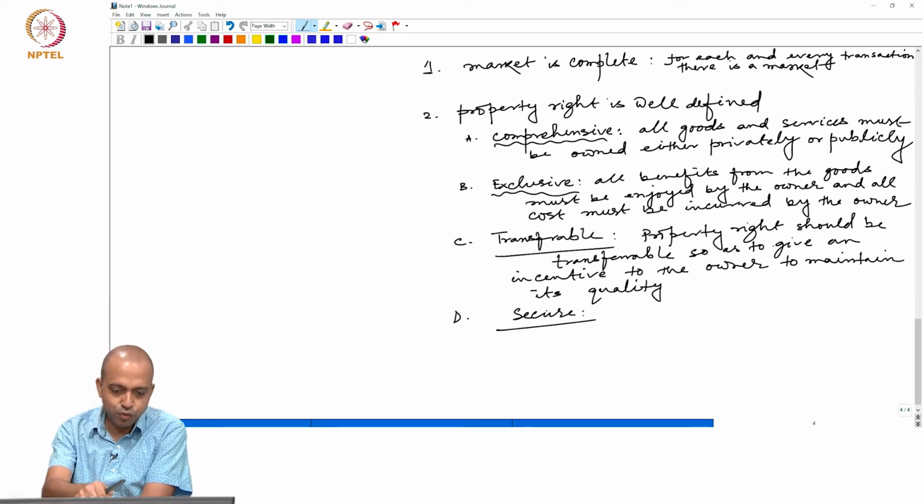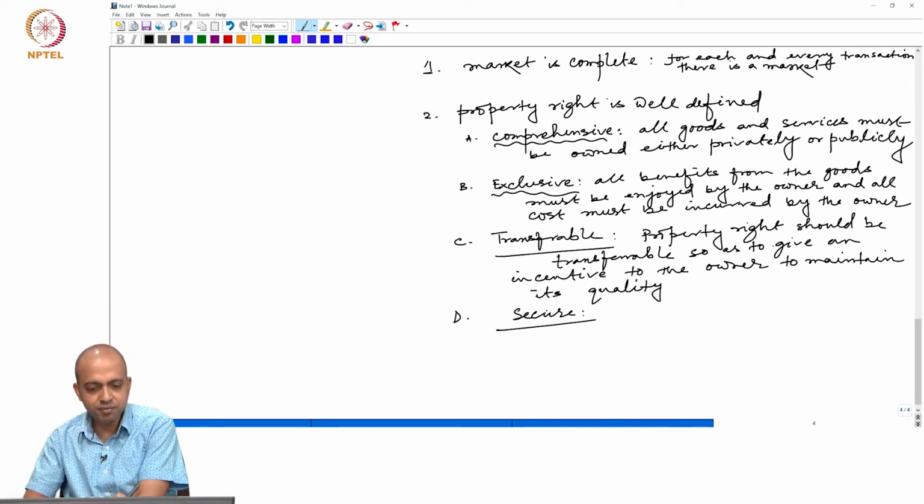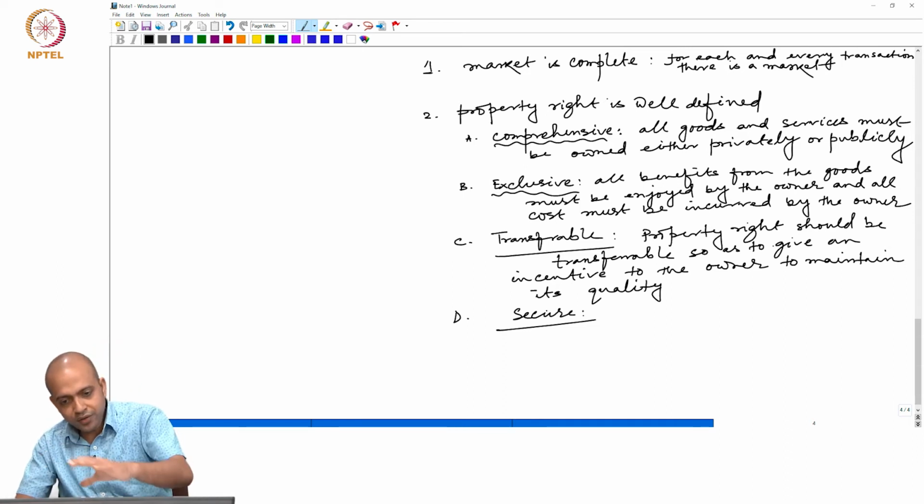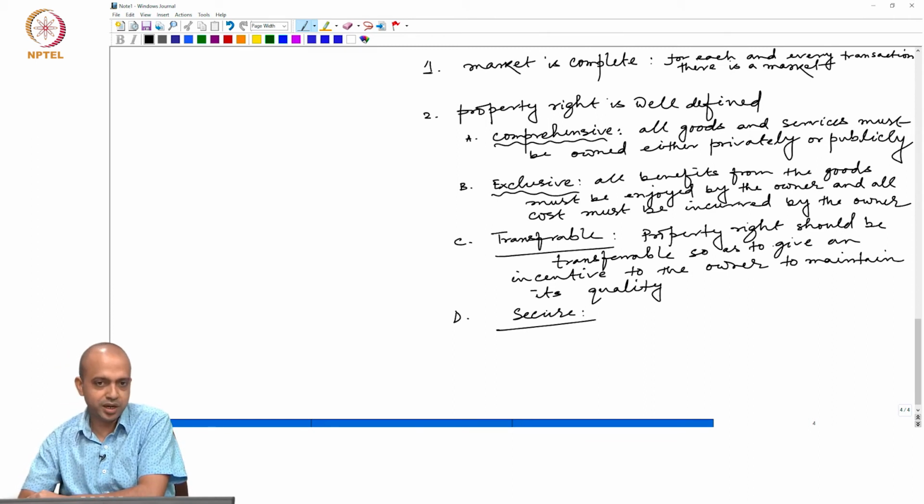So, these are the four features: comprehensive, exclusive, transferable and secure. These are the four characteristics. If a property has them, then only we can say the property right is well defined. So, a well defined property right leads to the complete set of market.